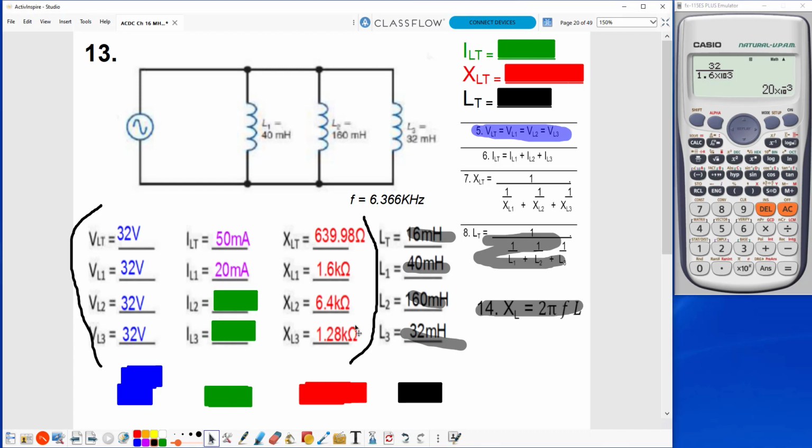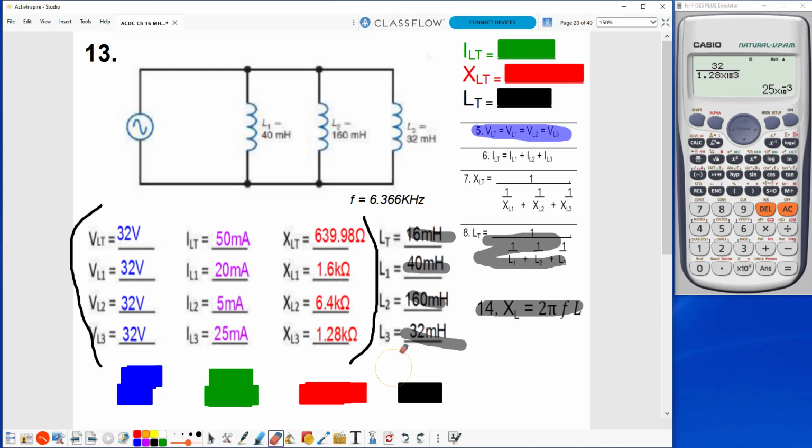I'll change the 1.6 to a 6.4K, giving me 5 milliamps. I'll change the 6.4 to a 1.28 K ohms, giving me 25 milliamps. So 25 plus 5 is 30, plus 20 is 50, so that checks out and adds up properly.